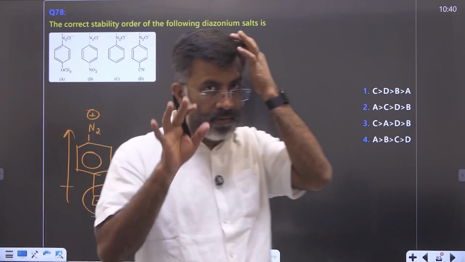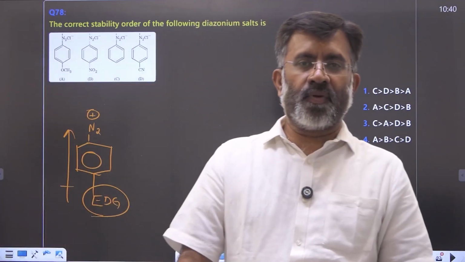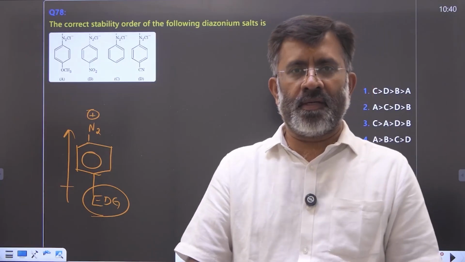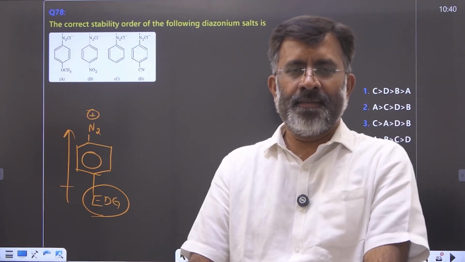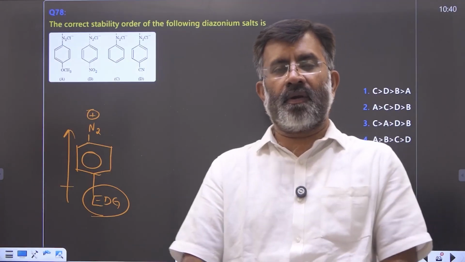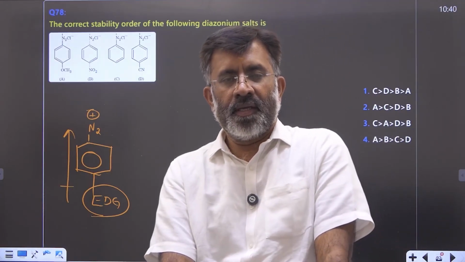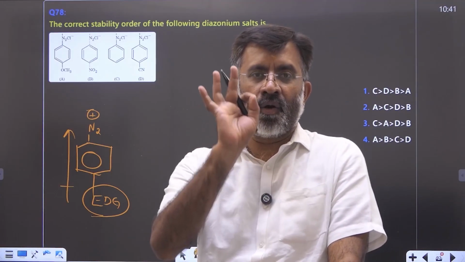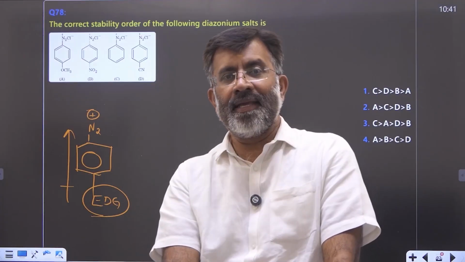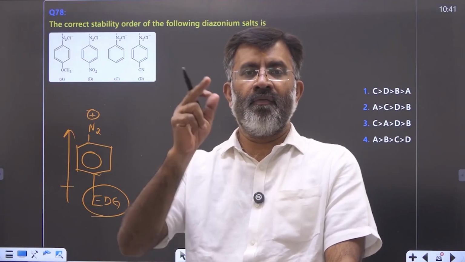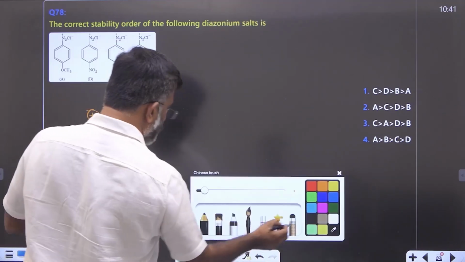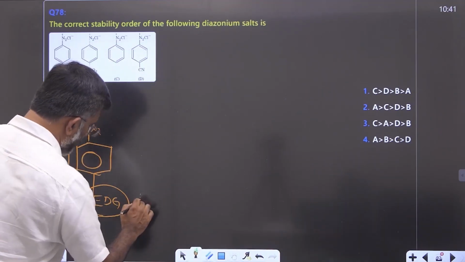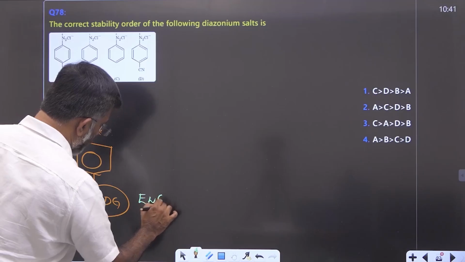Please understand that clearly. As far as a diazonium salt is concerned, nitrogen carries a positive charge, right? And that positive charge or cationic species is stabilized by an electron donating group and destabilized by an electron withdrawing group. Imagine here you have an electron withdrawing group.